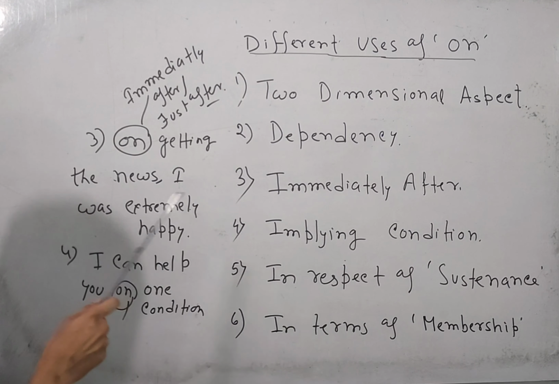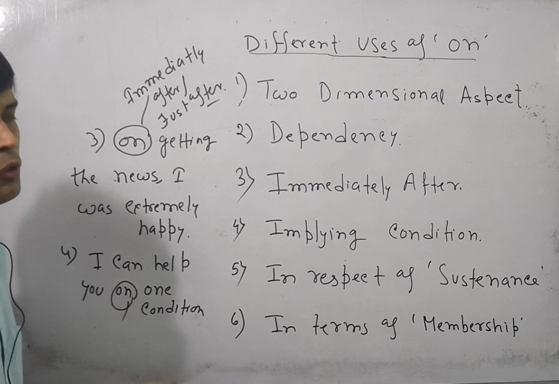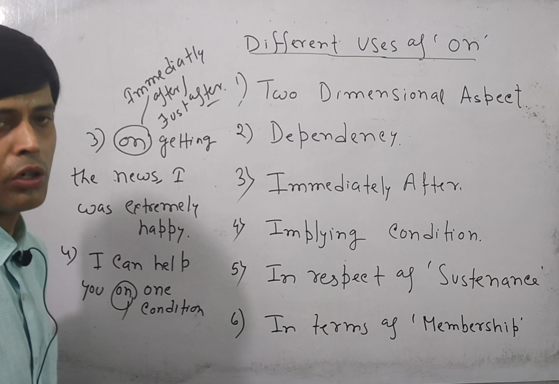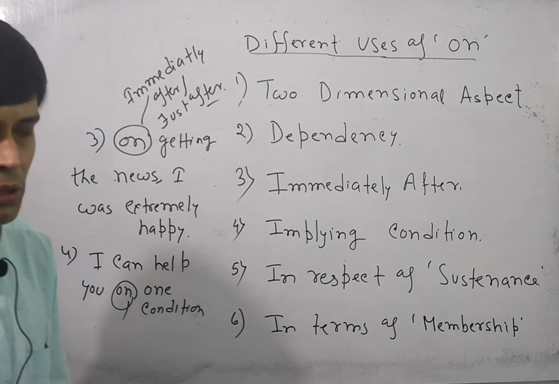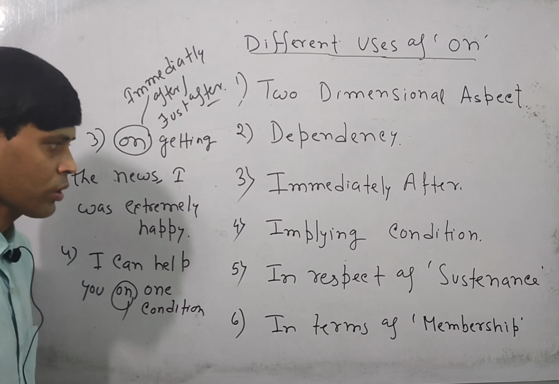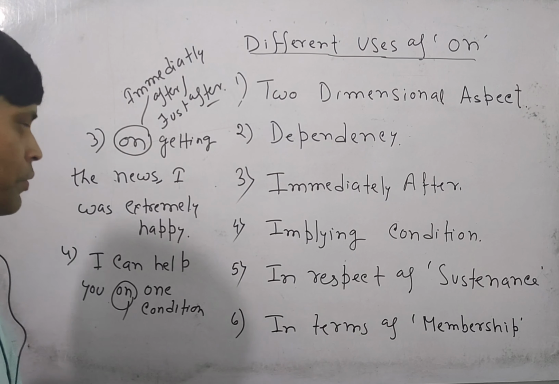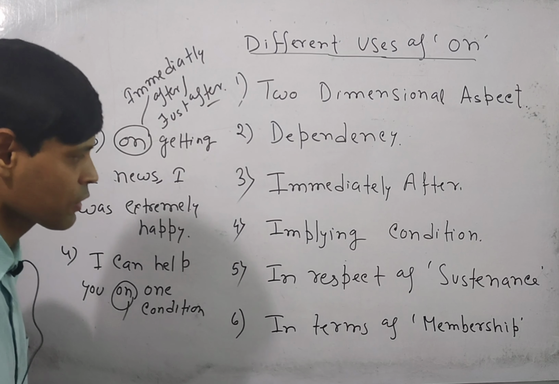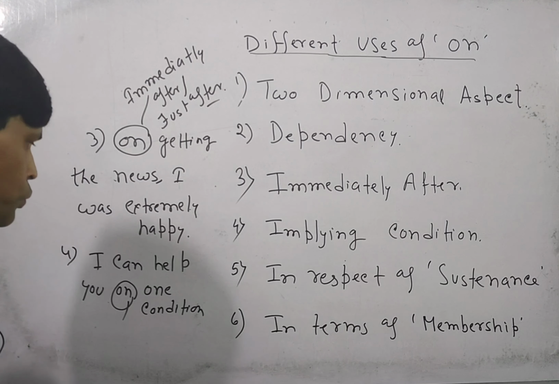Suppose I am going to say the terrorists surrendered themselves on two vital conditions. So in that case we can easily use on while implying condition.